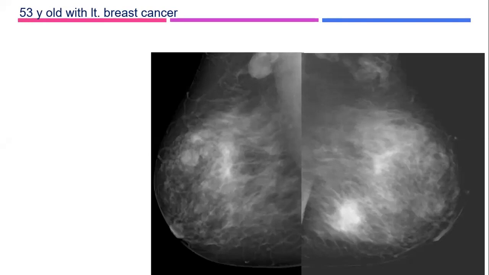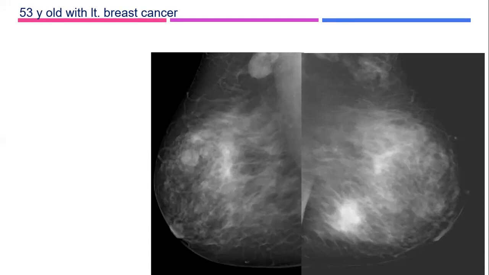I think on the left breast, there is a dense mass with an area of spiculation, more posteriorly, and indistinct margin. No area of calcification.